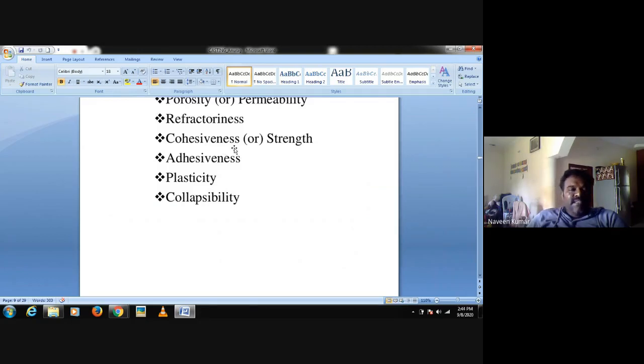It is the ability of the molding sand to withstand the higher temperatures of the molten metal.